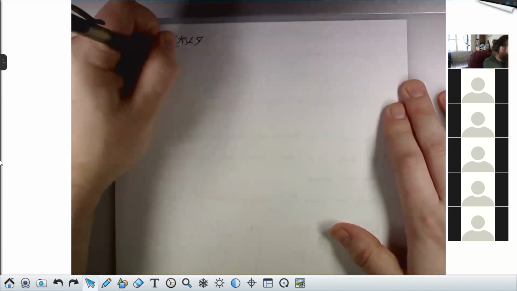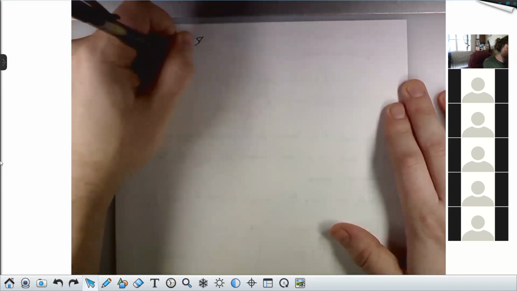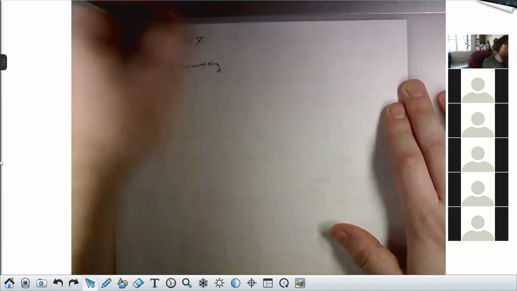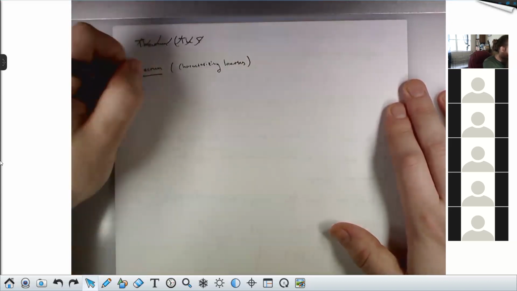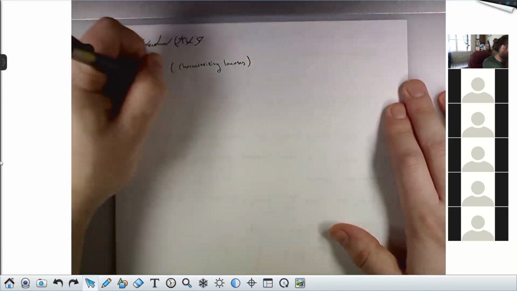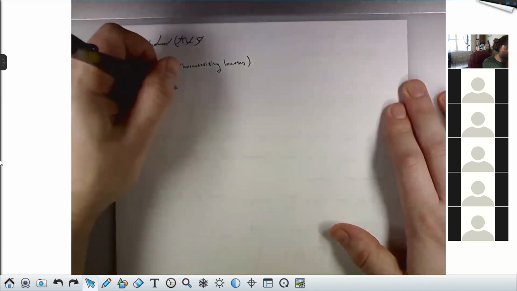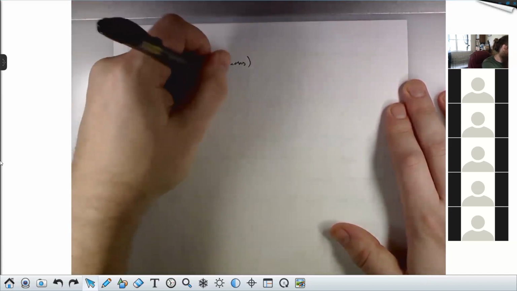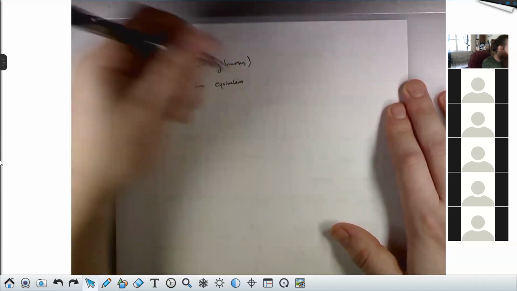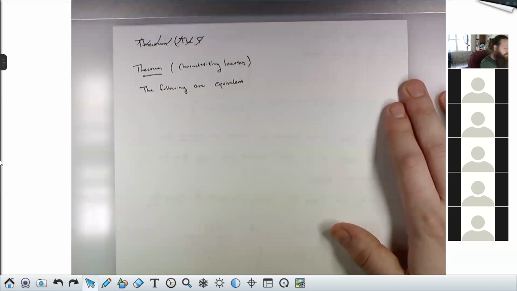This is a theorem on characterizing inverses. And it says the following are equivalent. TFAE, the following are equivalent.